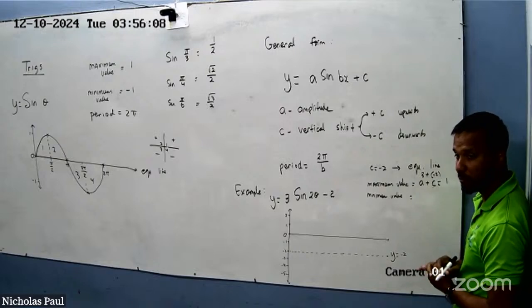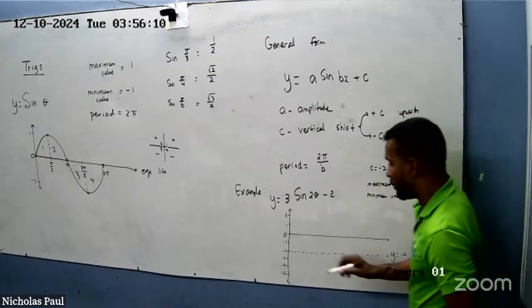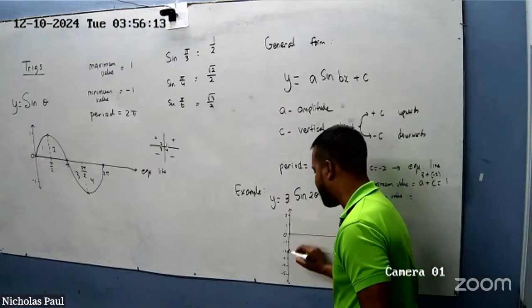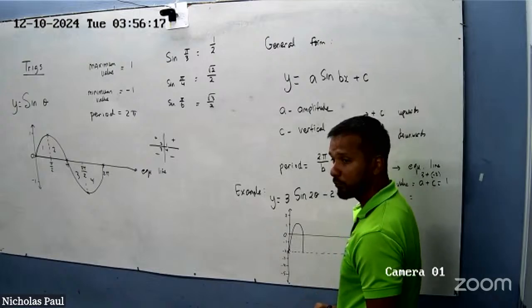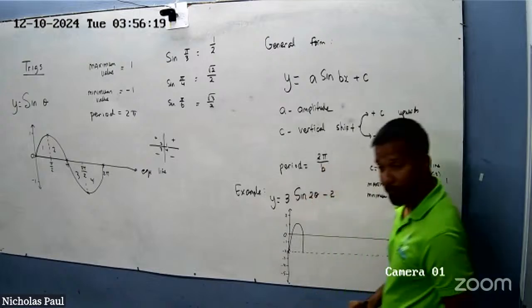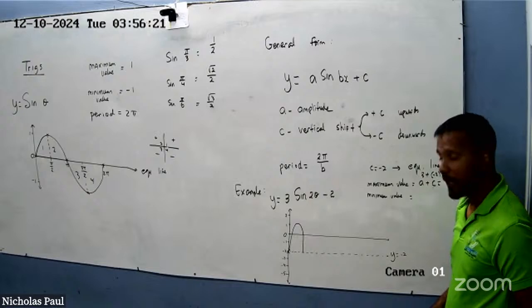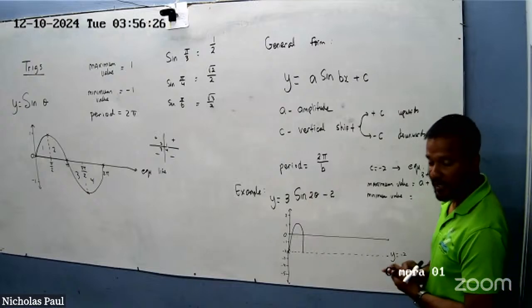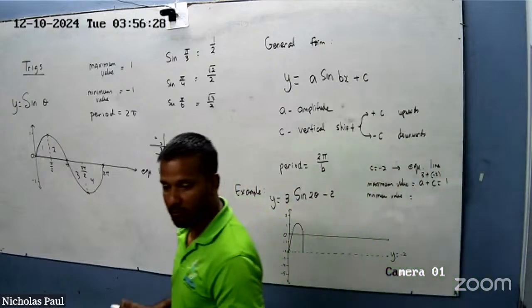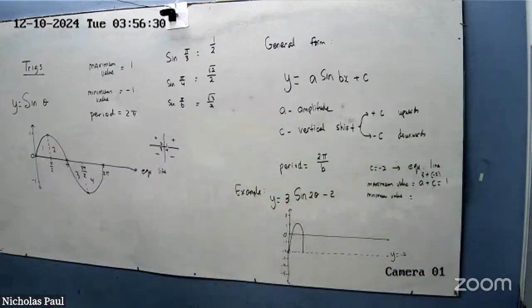Everybody okay with that? Any ideas how to get the minimum value?